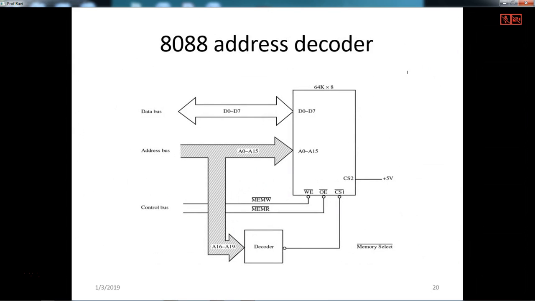8088 is a 16-bit processor, but it has 8 data lines. That is the only difference. It has an ALU of 16 bits, but in the beginning when the computer was designed, if an 8086 based computer is designed, 2 memory chips are needed, but memory is very costly. Now if you try to see a computer, the first costliest item in your computer is the processor, the second costliest item is memory.